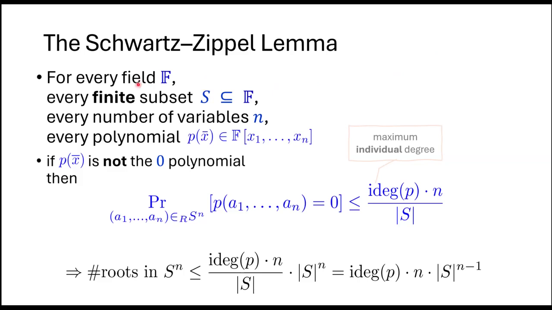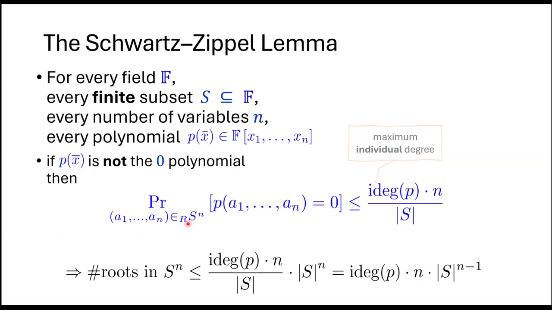This is the statement: for every field F, every finite subset S of F, every number of variables n, and every polynomial P in the ring of polynomials over n variables, we have the following. If P is not the zero polynomial, then this happens.